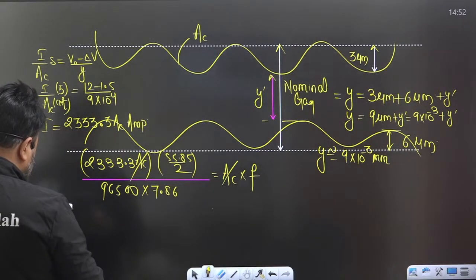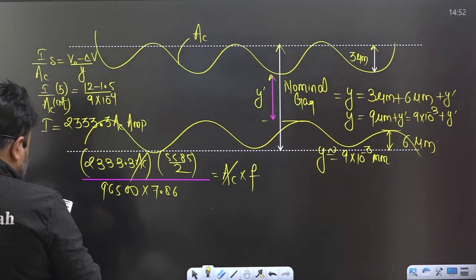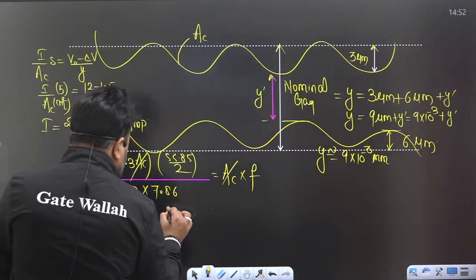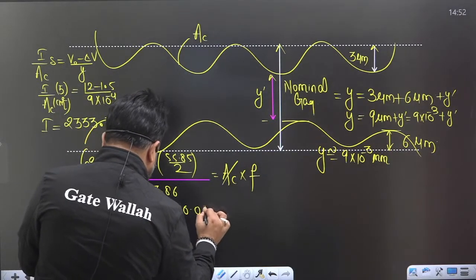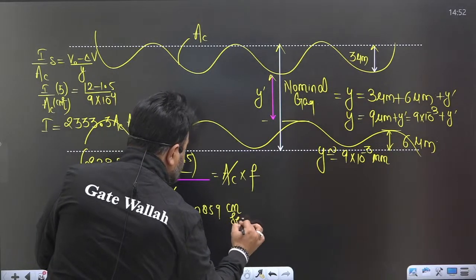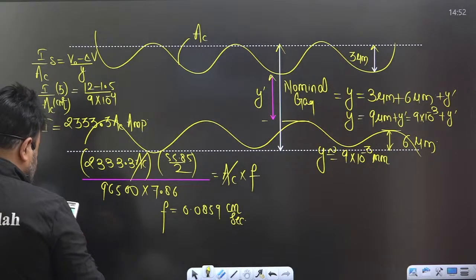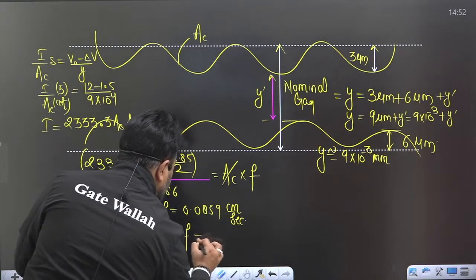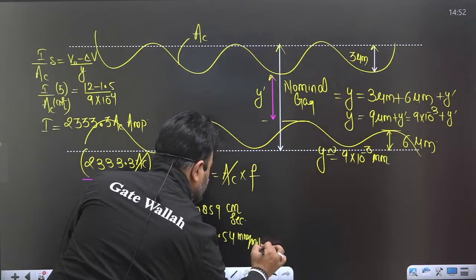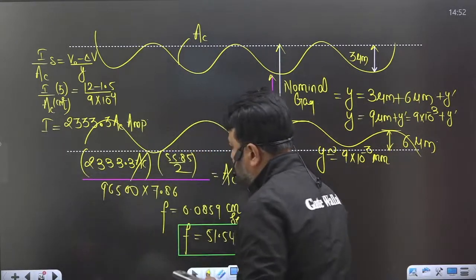Answer into 55.85 divided by 2, answer divided by 96500 into 7.86. So here the feed will become 0.0859, but it will be in centimeter per second. So answer into 60, and answer into 10. So here the feed will become 51.54 mm per minute. Okay, so this is the feed.